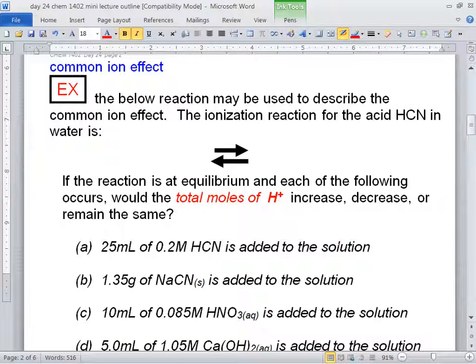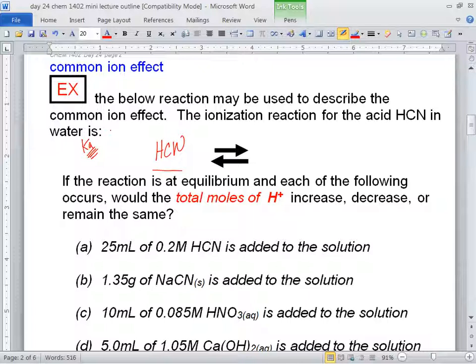So Cameron, how would we write the Ka reaction for HCN? What goes on the reactant side over here? In a Ka reaction, the acid has to be on the reactant side.